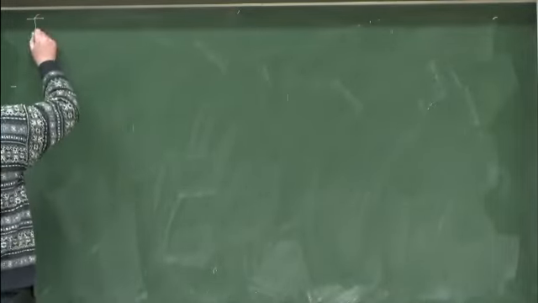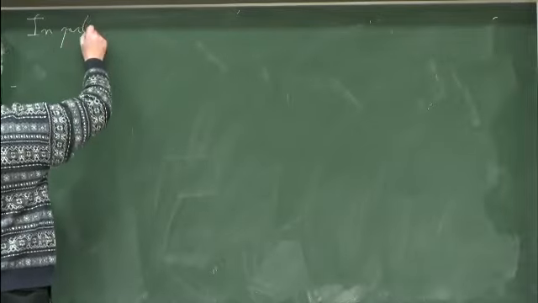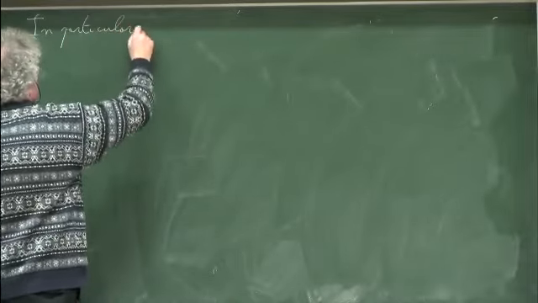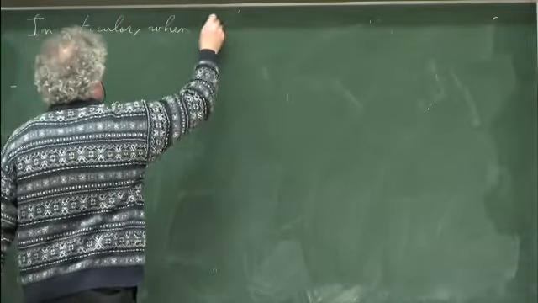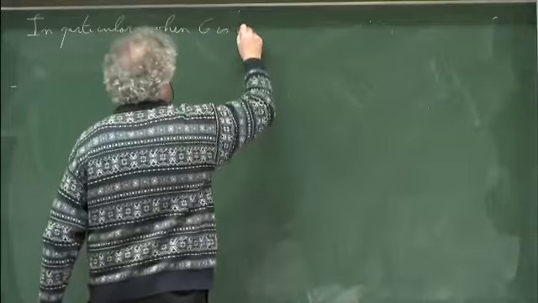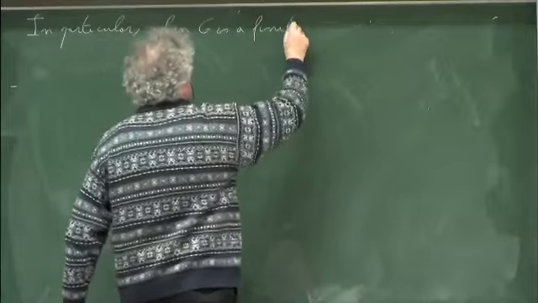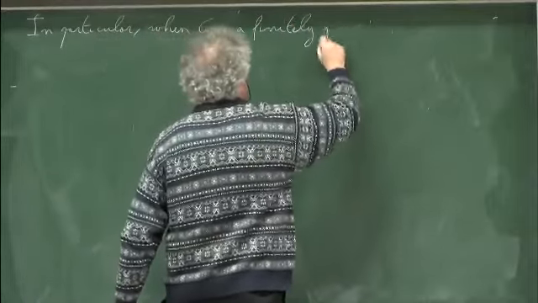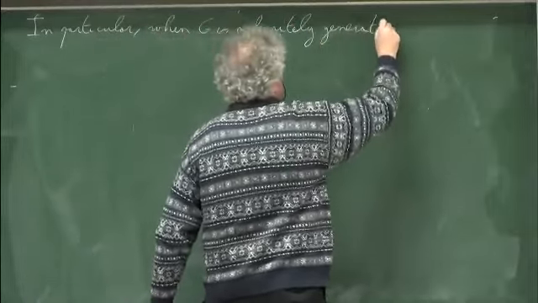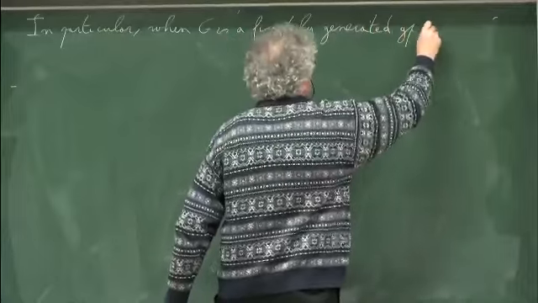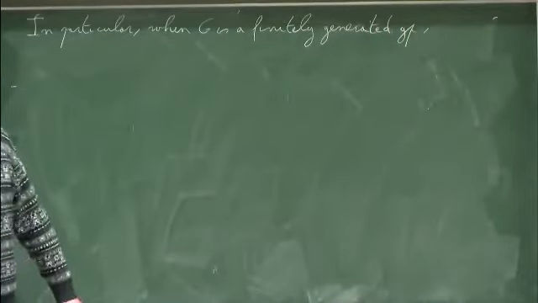In particular, when the group G is a finitely generated group, you may turn it into a metric space using word length.